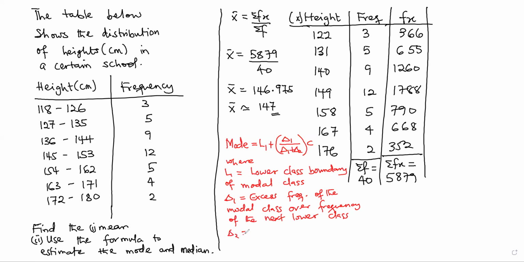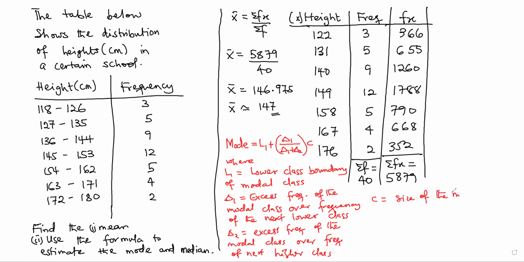The change in 2 is the excess frequency of the modal class over the frequency of the next higher class. Then our C is the size of the modal class.